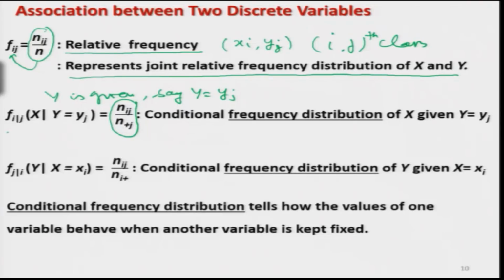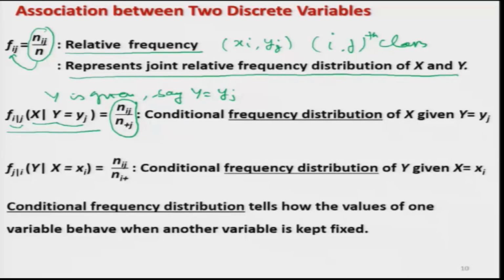And this is denoted as f of x given y equal to yj, with a subscript i given j, which is the standard symbol for indicating the conditional frequencies.